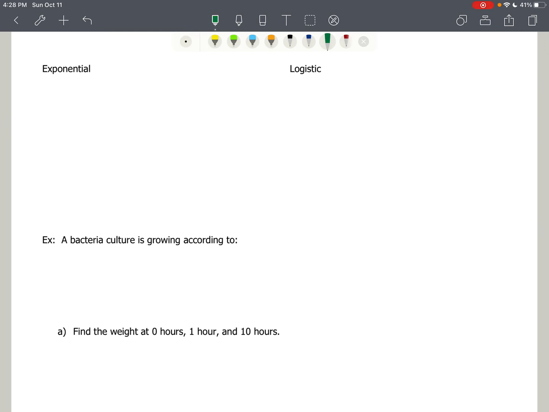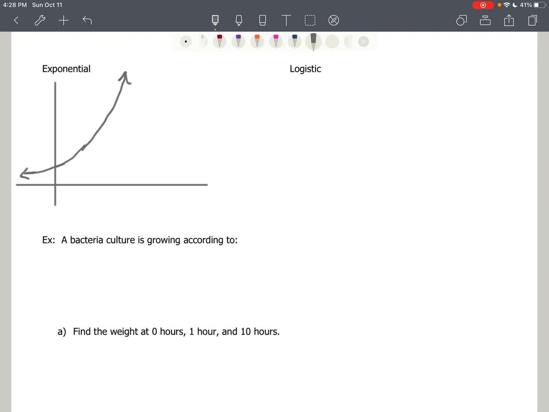Now, exponential graphs look like this. That's what an exponential graph looks like. You've got maybe time and then population.